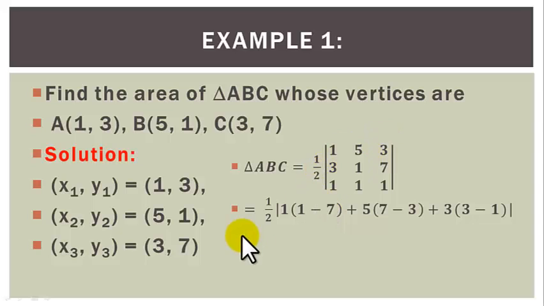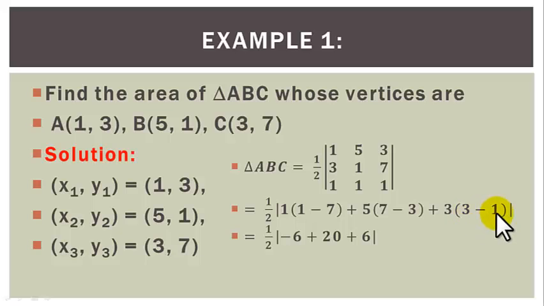Expanding using row 1, this will give us half times the absolute value of 1 into (1 times 1 minus 7 times 1), plus 5 into (7 times 1 minus 3 times 1), plus 3 into (3 times 1 minus 1 times 1). 1 minus 7 is minus 6 times 1, that gives minus 6. 7 minus 3 is 4 times 5, that gives plus 20.